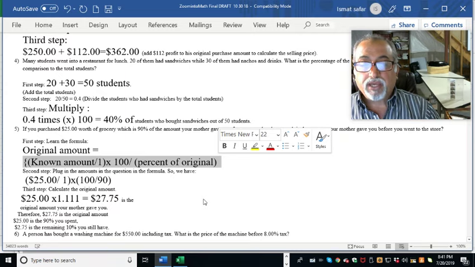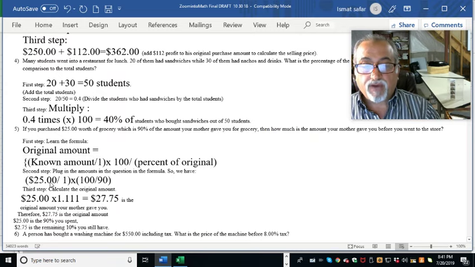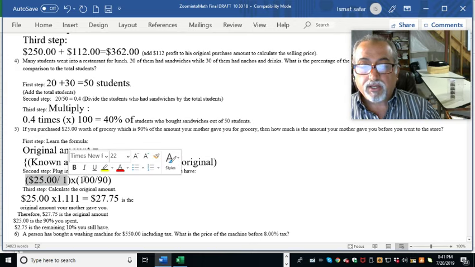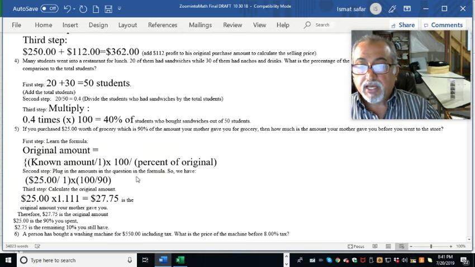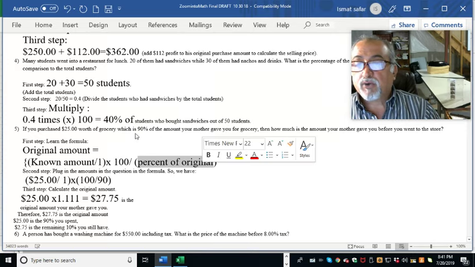So what we do here: the known amount is 25, divided by 1, times 100 divided by percent of original. What is the percent of original?